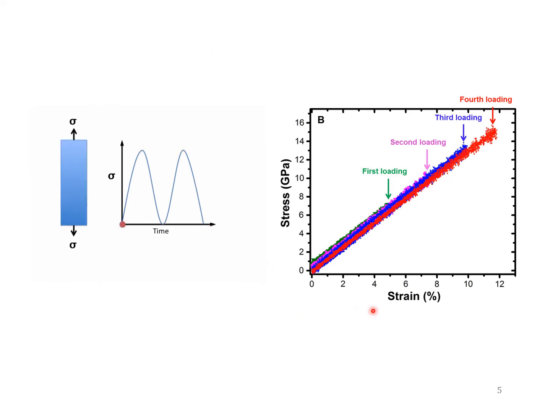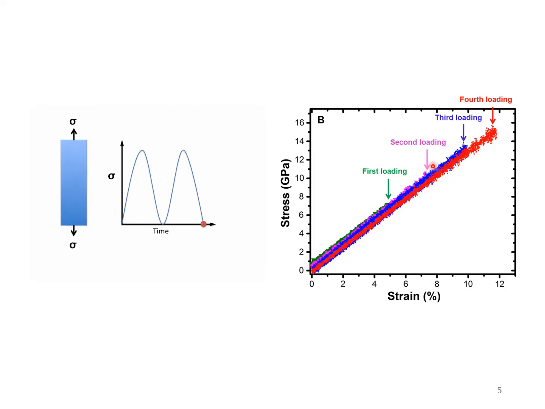So here is the stress strain curve. This stress strain curve shows the material behavior within the elastic range. First there is loading, so we have a strain. We remove the load, and during the unloading step, the material regains its initial position.